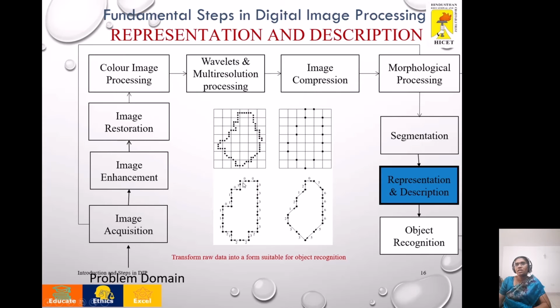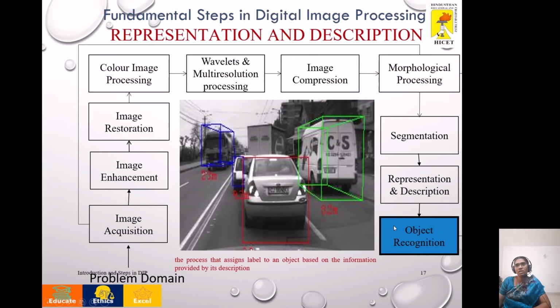In representation, the sampled image is represented as a continuous chain of line segments, and for each line segment a number is allocated, and based upon this representation the features are described, which may be area, perimeter, diameter, eccentricity. Likewise, various features are described, and based on the description the object is recognized. So the final step is object recognition.